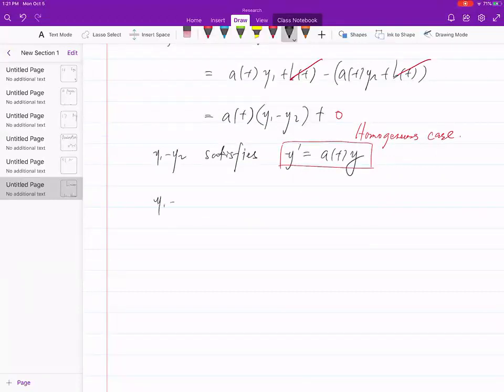That is y1 equals y2 plus yh, where this yh is the one which satisfies the homogeneous case. That's where the linearity principle comes from.